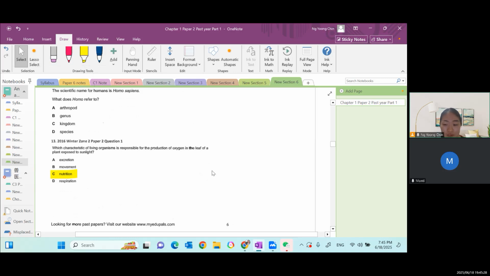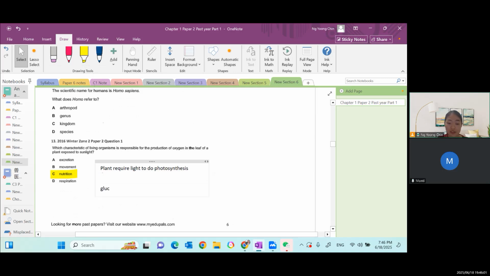Is it when there's sunlight, because they need light to do respiration? The answer is actually they require sunlight to do photosynthesis. Because when we talk about respiration, like us, Monty, we are doing respiration, right?